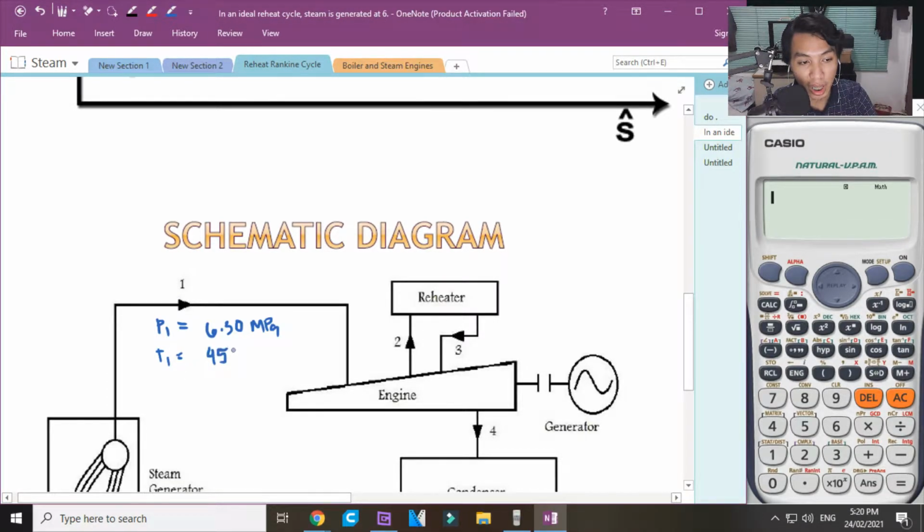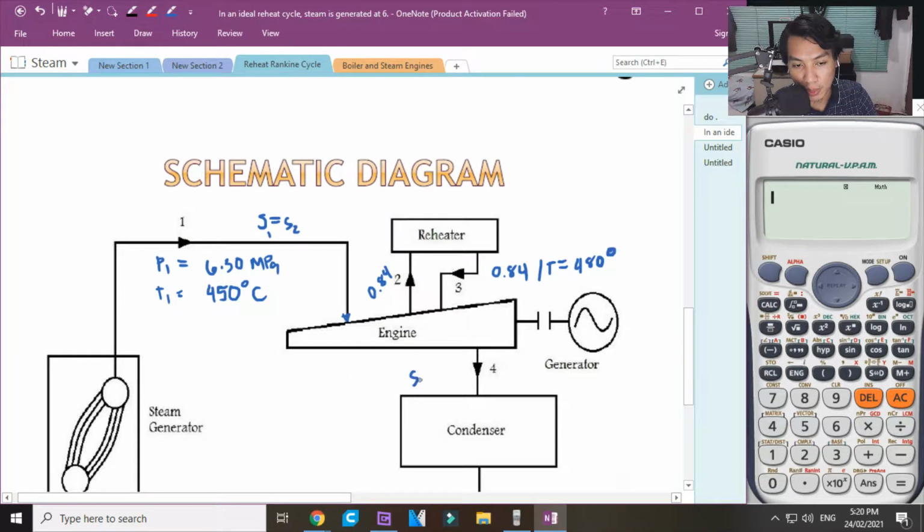You may check na kagad kung that is superheated. Papasok dito. And then S2 at 0.84 MPa. Tapos, yung S1 will be equal to S2. Pumasok, lumabas 0.84 at temperature is 480 degree Celsius. Now, malalaman natin dito that S3 will be equal to S4.